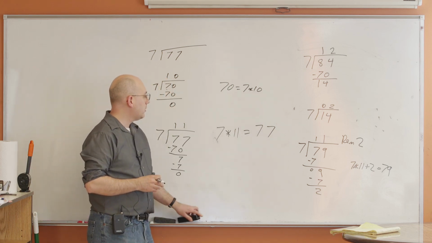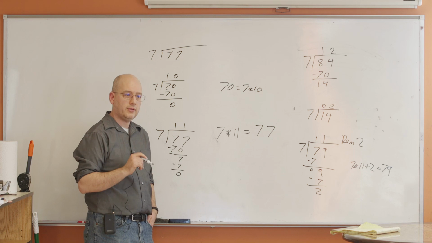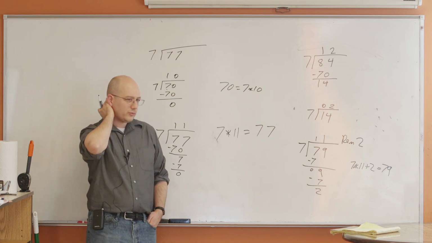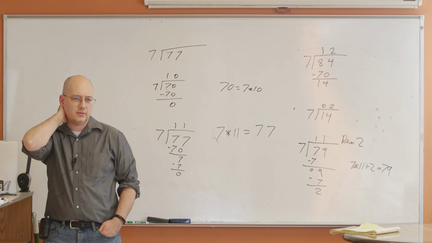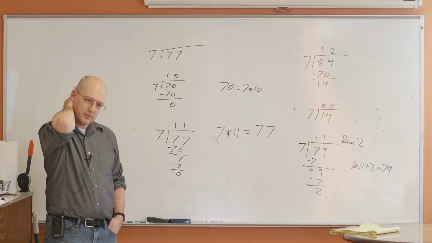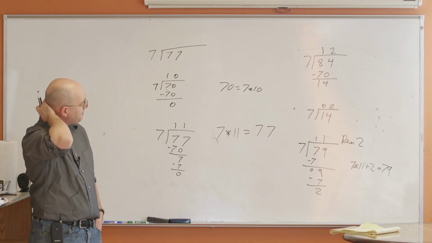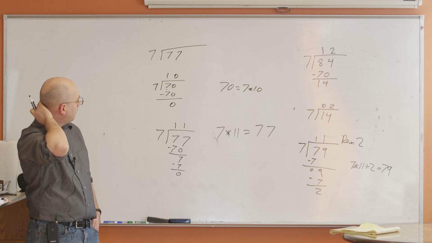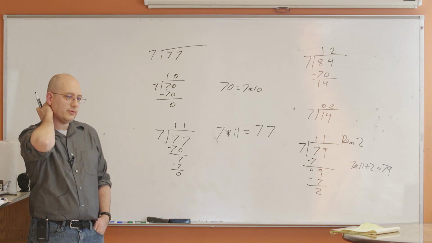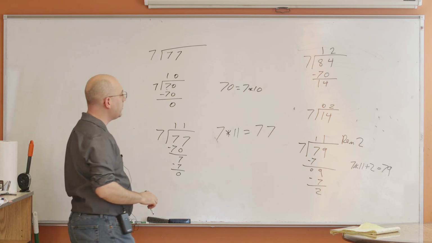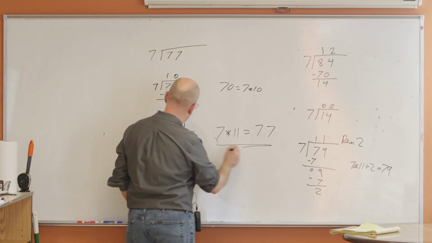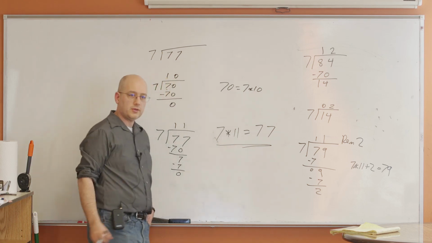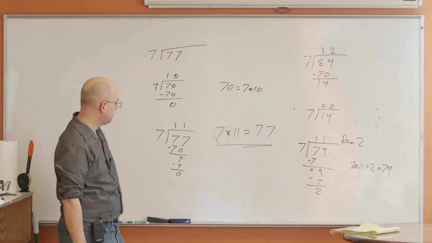All right. Do you remember the checksums from earlier? Well, does this work? Do they work with division? Yes and no. You can't do the operation of division with the numbers, but remember that division is making a claim about multiplication, and we can apply the checksum to the multiplication.